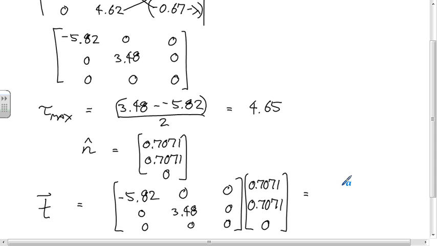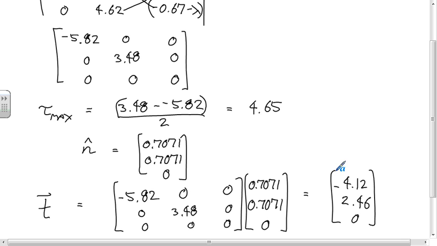So negative 4.12. The second component is going to be 2.46. The third component's going to be 0.